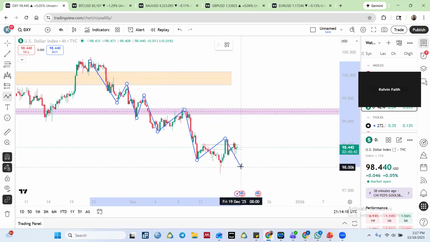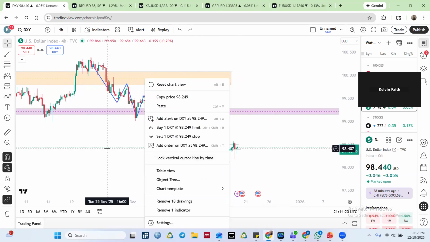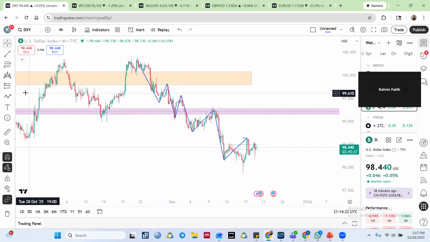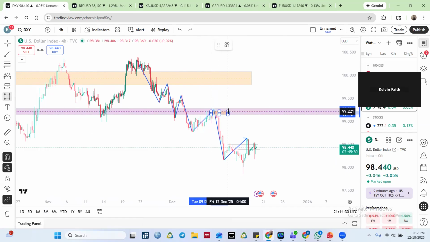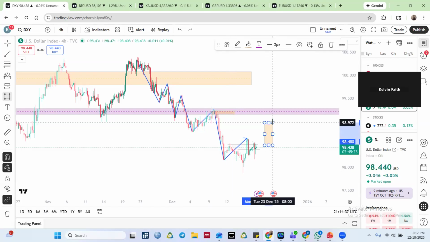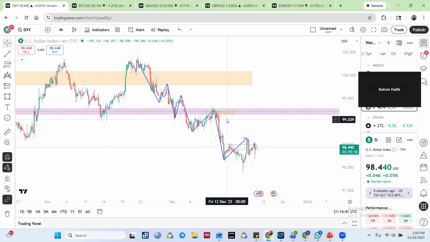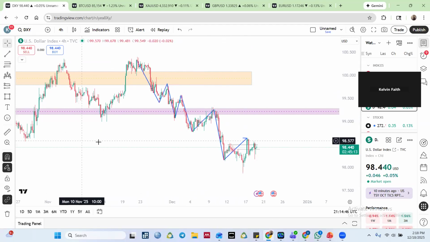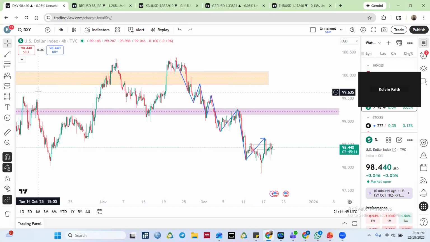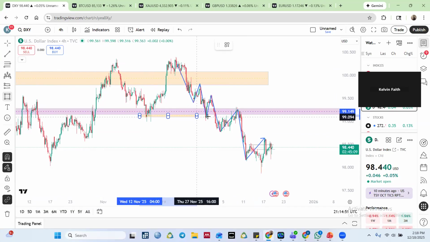So we should expect a new lower low to be formed. But the market would also want to reach out to this last lower high. The market could reach out to this place for a retest. We have to bear that in mind because it's been bearish since after breaking this double top neckline.